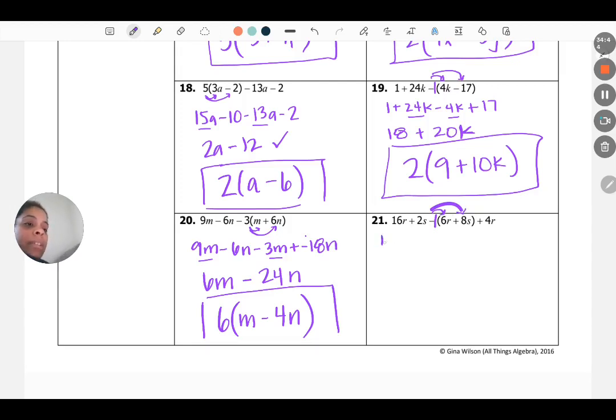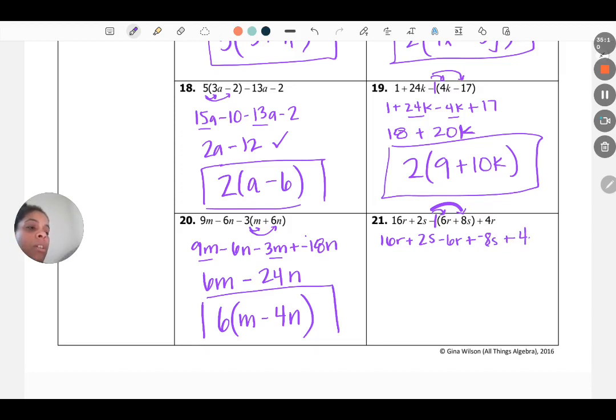Okay, so rewrite. We have 16r plus 2s then we're going to distribute. Negative 1 times 6r is negative 6r. And then negative 1 times 8s, we're going to leave the plus sign, but we're going to do negative 8s. And then plus 4r is still here.